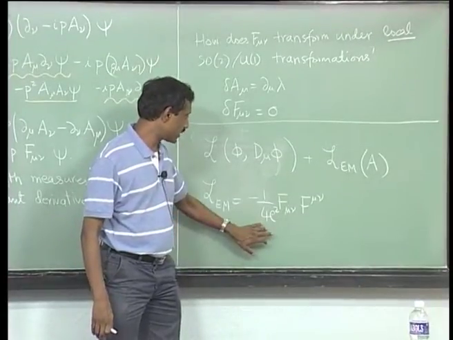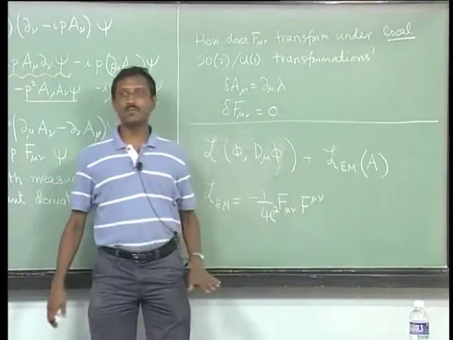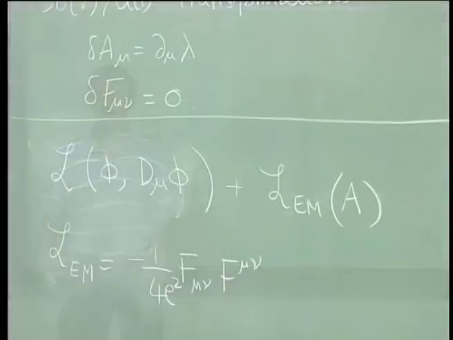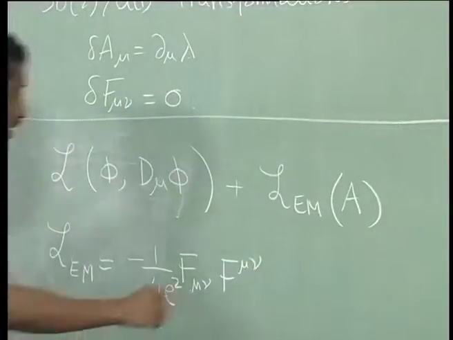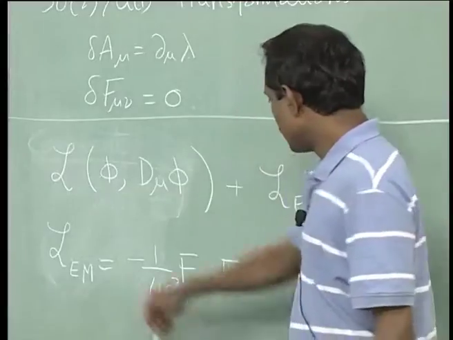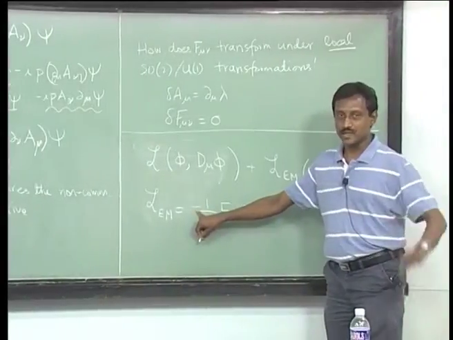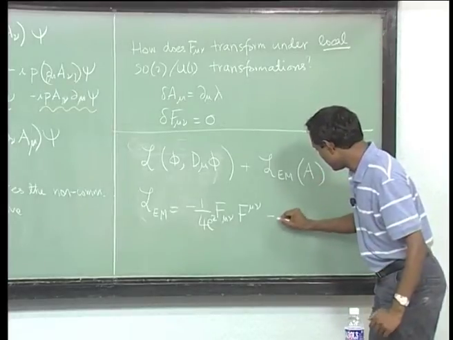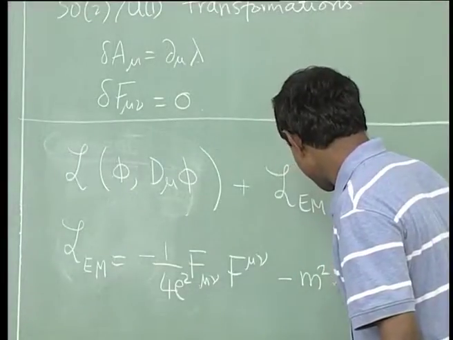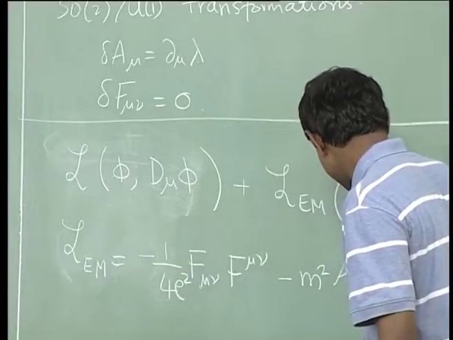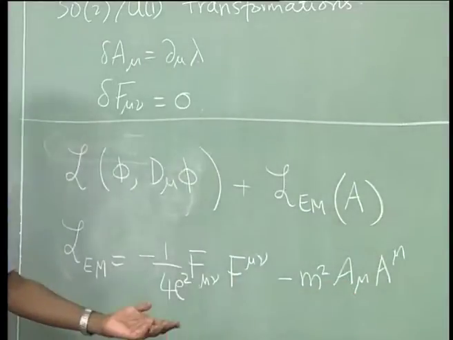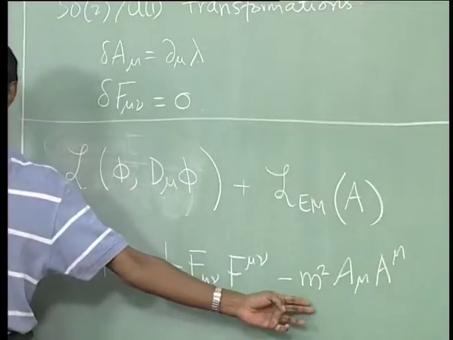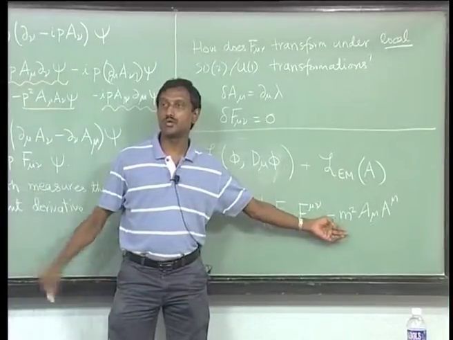So this is what you write, and the key point is, suppose we try to write a mass term, the natural mass term. You may think there is a sign error out here, there is not, it has to do with our sign convention. You might think I could write something like this, which is a mass term, but this is not invariant under gauge transformations or local SO2.